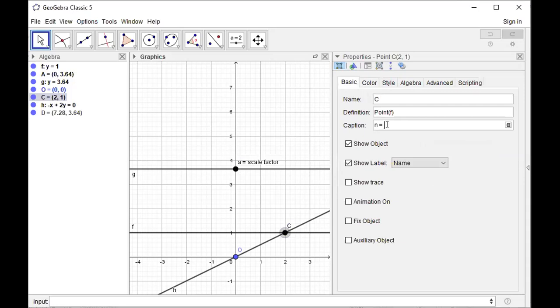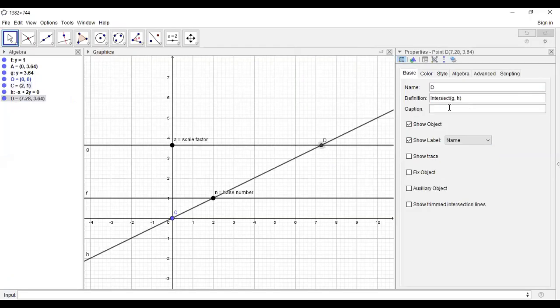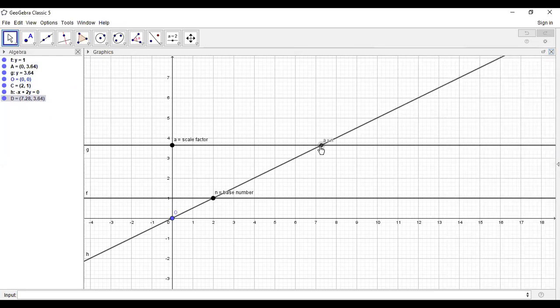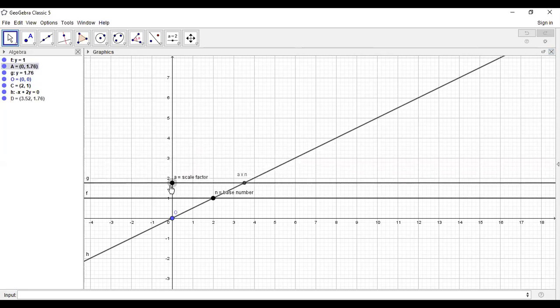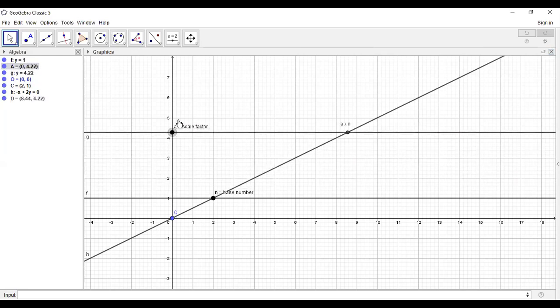N equal to this number, then this is nothing but A times N. Okay, so this is A times N, and notice that as A decreases, AN decreases.